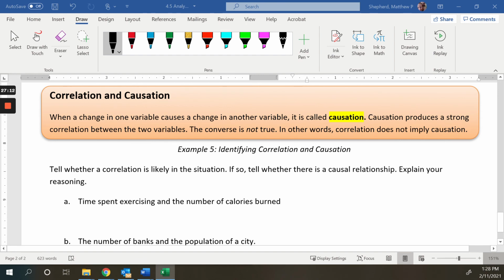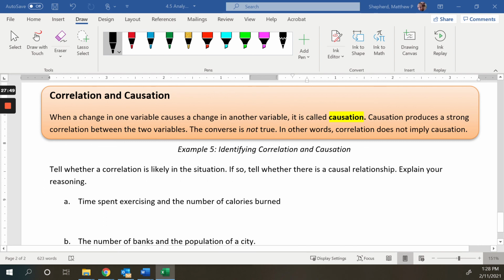Now, causation means that one of your variables is causing the other to happen. So in the case of a vaccine, we expect that the rise of antibodies in the body is being caused by the vaccine put into it. One is causing the rise or fall in the other. But there can still be things that will be correlated, even though one did not cause the other.